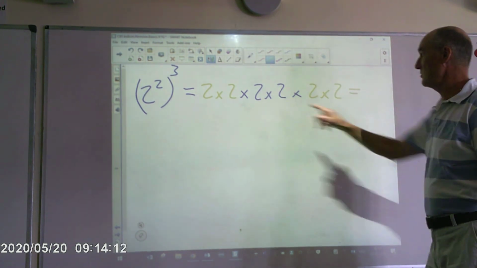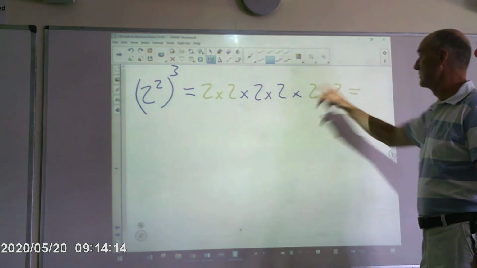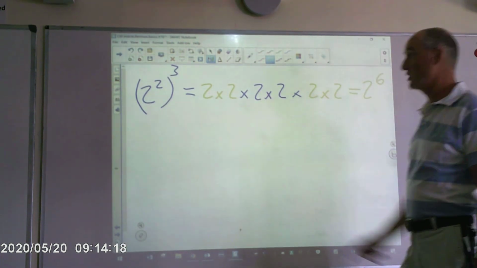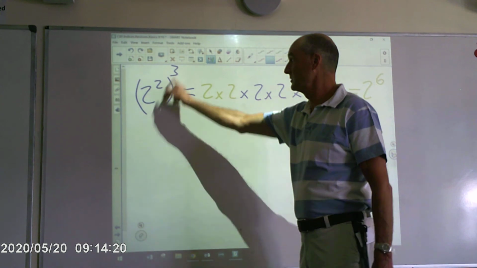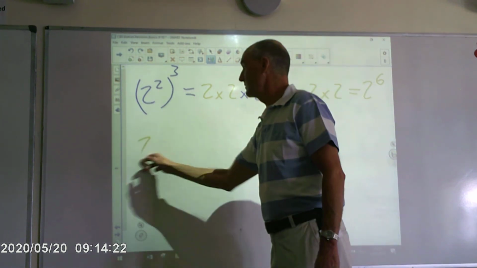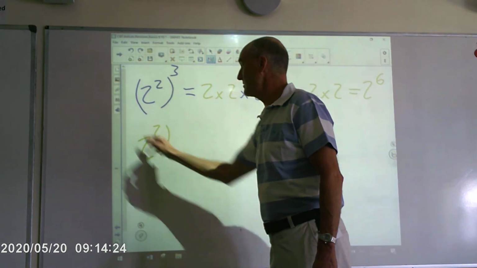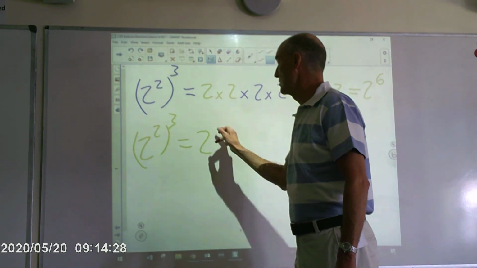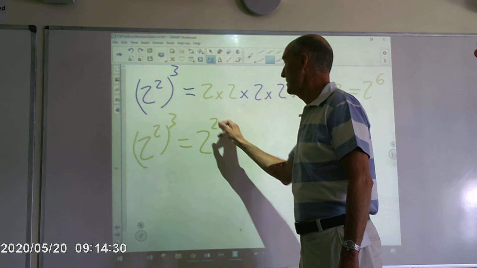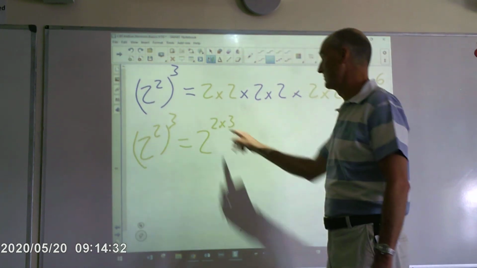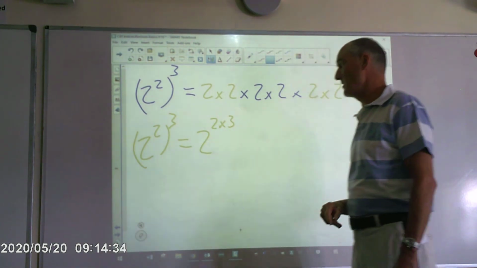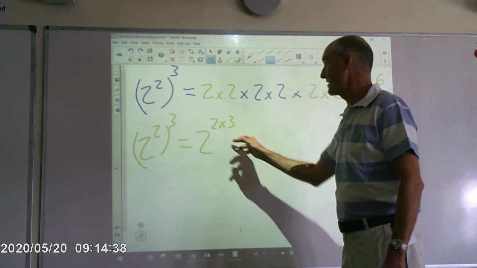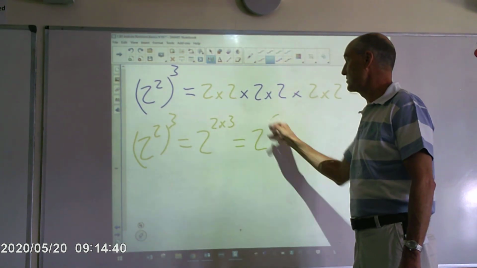What have you now got? You've got 2 to the power of 6. So what's your general rule? 2 squared, all cubed, it's the same as 2, and you multiply. You now multiply those 2 indices together, which gives you 2 to the power of 6.